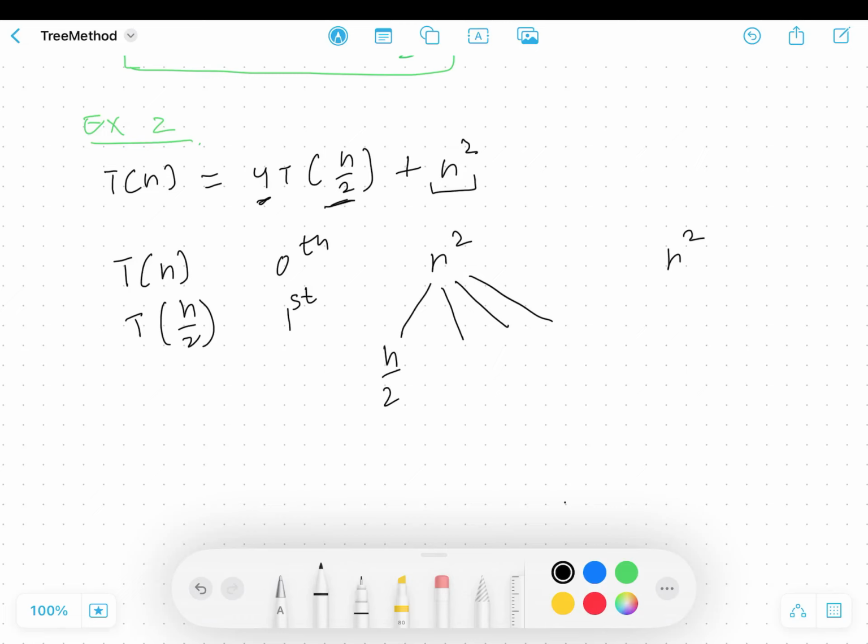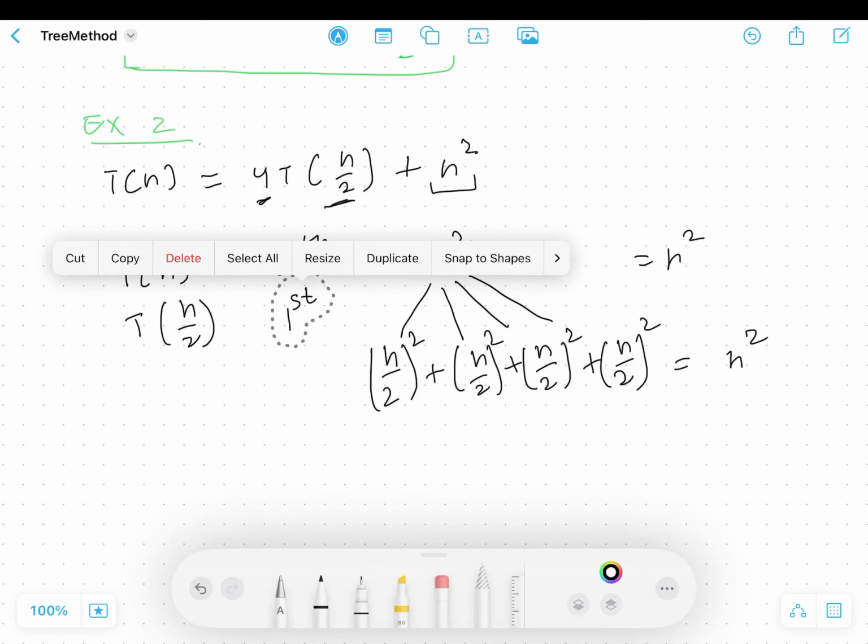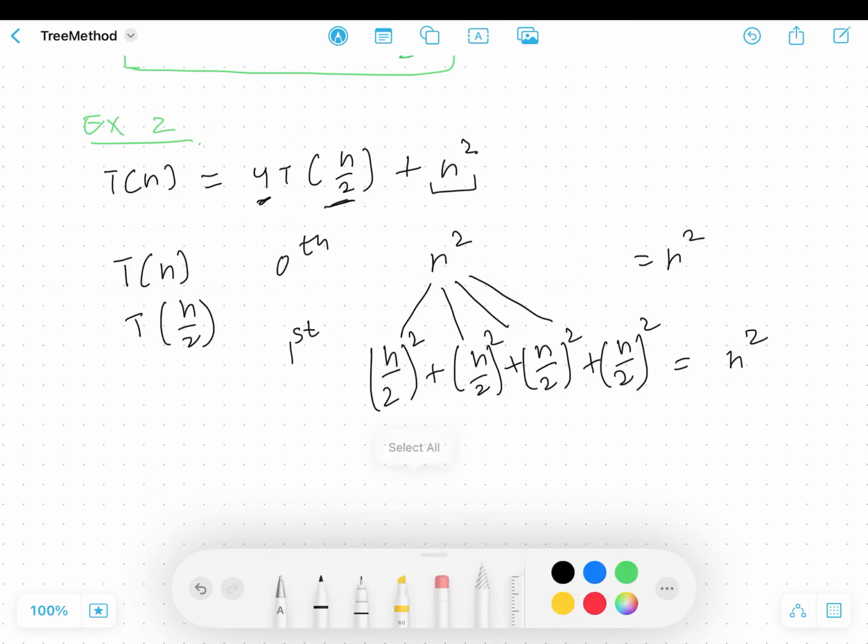So we are going to substitute n upon 2 for every n. And the sum will be n square. Basic maths should not be too tough. Okay.